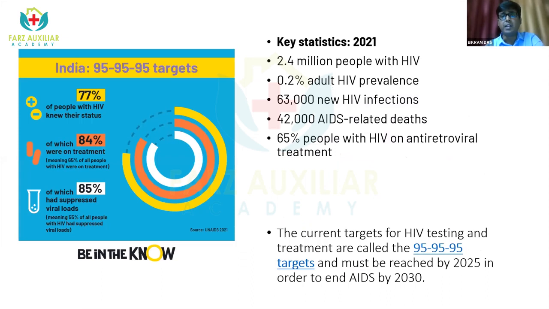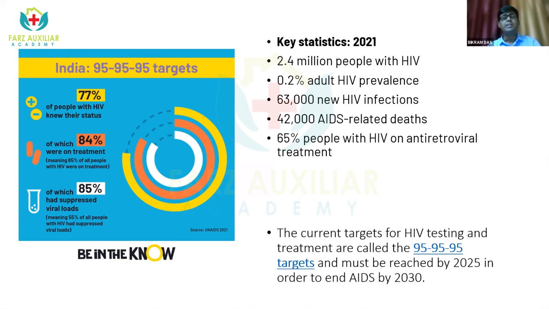These are the statistics, again 2021 data: 2.4 million people living with HIV in India, 63,000 new HIV infections, and 42,000 HIV-related deaths. India has set a goal of 95 targets, which means that 95% of people will know their HIV status, of those who know, 95% will be getting ART, and of those getting ART, 95% will be virologically suppressed.